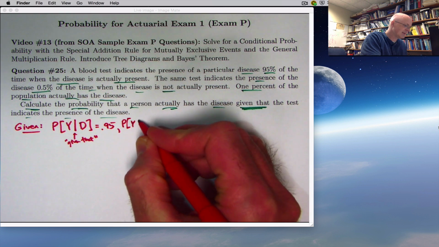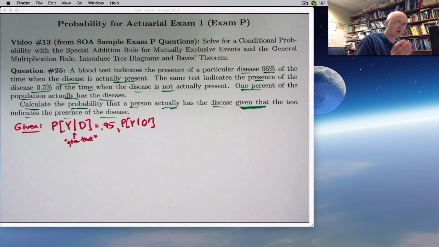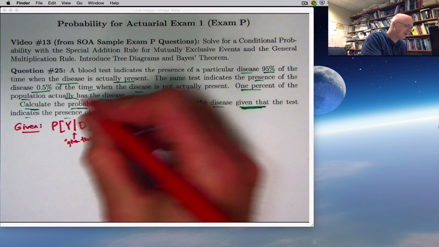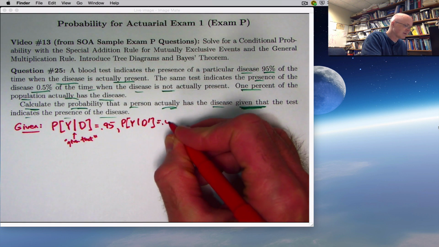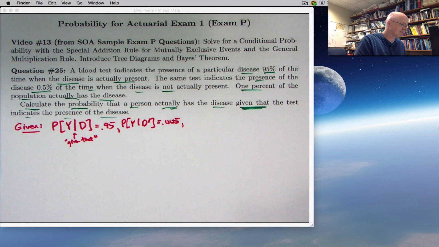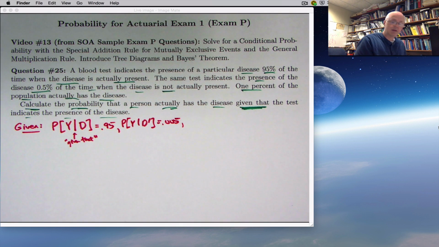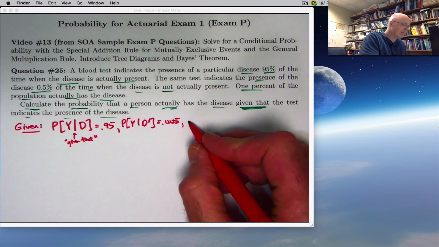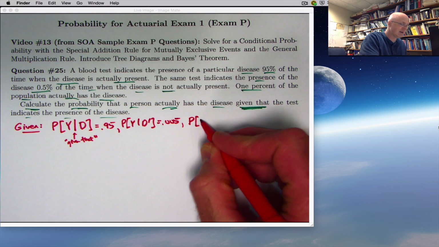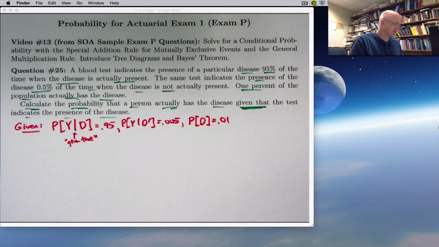Yes, they have the disease in spite of the fact that they are known to not have the disease, assuming you know for sure they don't have the disease. 0.5% as a decimal is 0.005. So that's another piece of given information. We also know that 1% of the entire population, everybody, has the disease. The unconditional probability of having the disease is 0.01. So these are our givens.